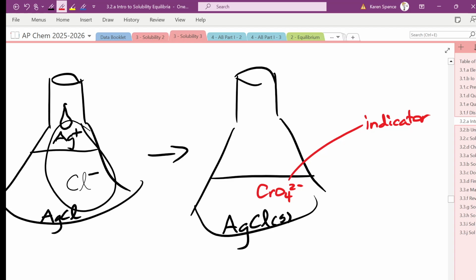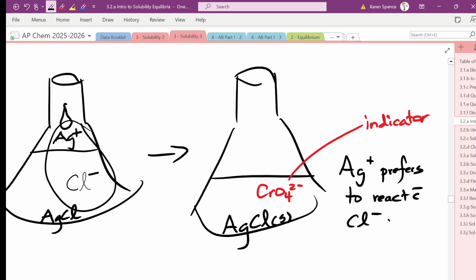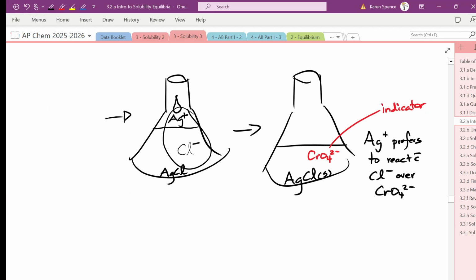Yes? And silver actually prefers to react with chloride over chromate. So the chromate's just going to sit in here.